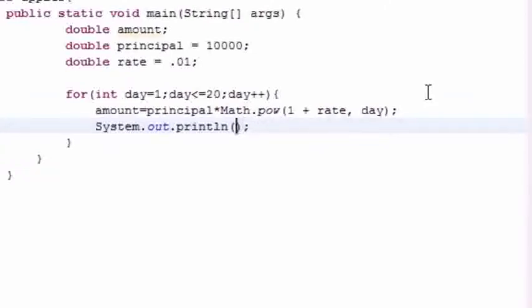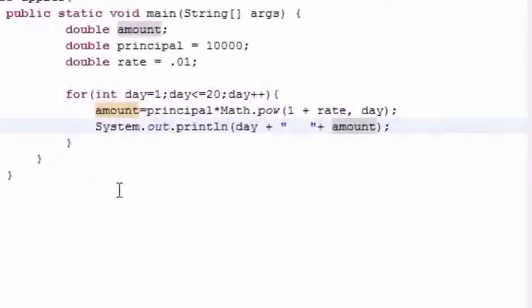Whenever you use compound interest, you usually use year, but no one really uses day unless you're looking at YouTube subscribers, so that's why I keep typing year. Plus, add a couple spaces, amount. There you go. Let's go ahead and run this, and I'll show you what it does.